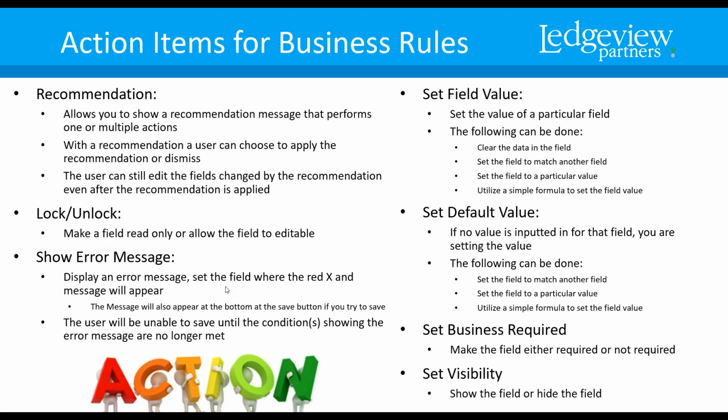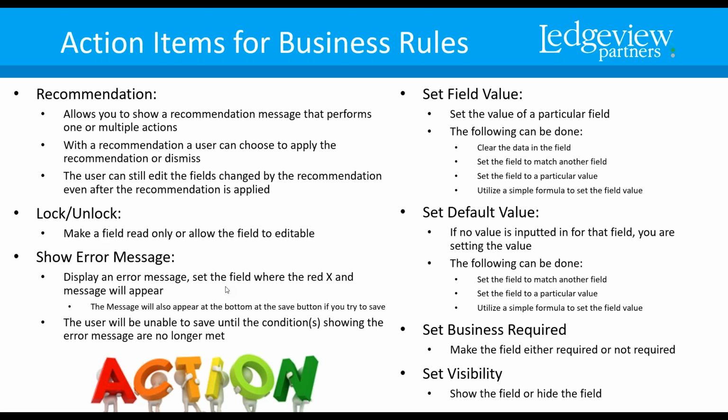You can do it next to the opportunity type or next to the state. And the error message is free form. So you can be as blunt as you want, as kind-hearted as you want to, whatever suits your company.